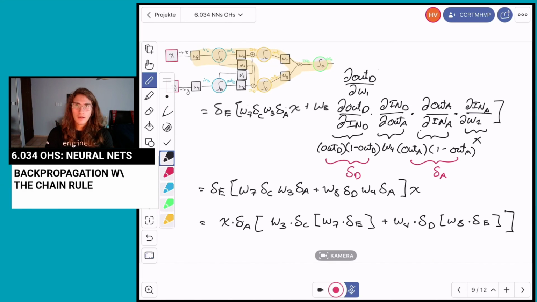But this was meant to be, as I said in the beginning, where do these equations in the PDF come from? And this is actually where they come from.